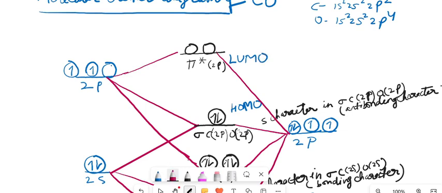And above that is the sigma star 2p orbital, which is also an anti-bonding molecular orbital, sigma star C2p O2p.